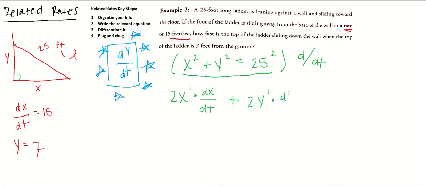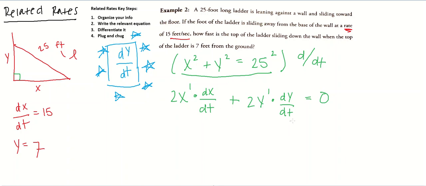And the derivative of y is going to be dy/dt. And that is all equal to, now we need to take the derivative of 25 squared. I don't know what 25 squared is, but luckily I don't need to know, because whatever 25 squared is, it's just going to be a number. And the derivative of any number is just 0. So that works out really well.